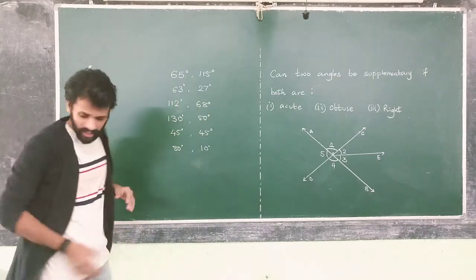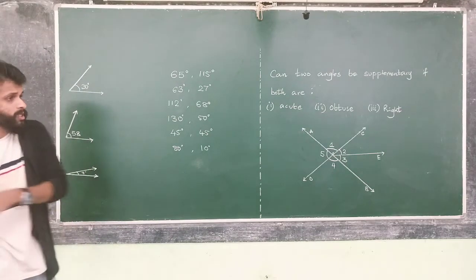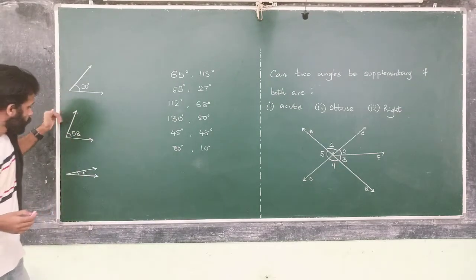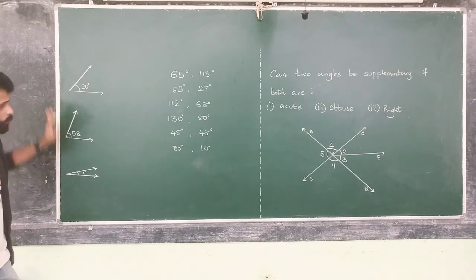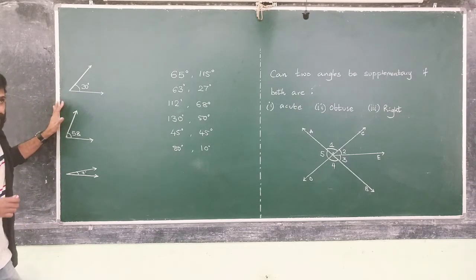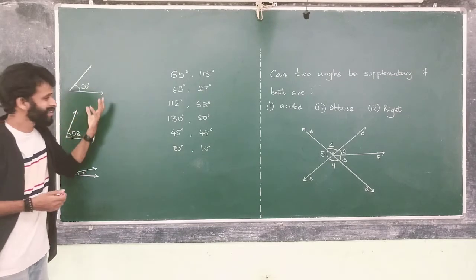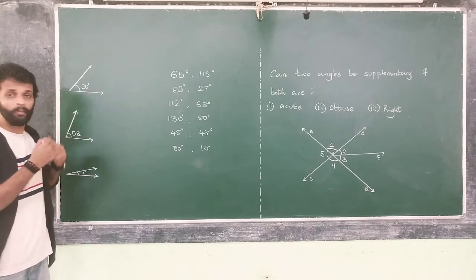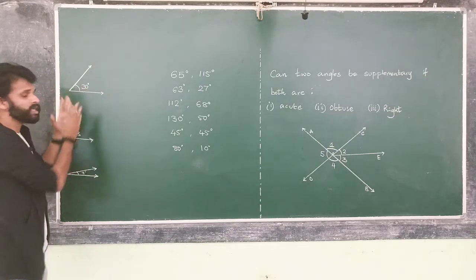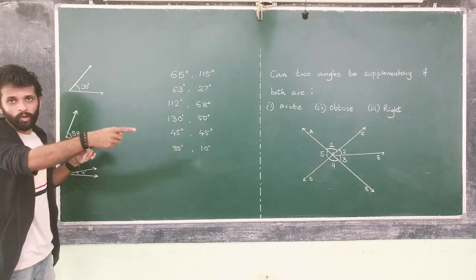So in this question over here, I have three different angles whose measurements are given. And the kind of question that can be asked is, write the complement of this angle. Now, complement of angle 30, if you remember, complement starts with C-O-M.